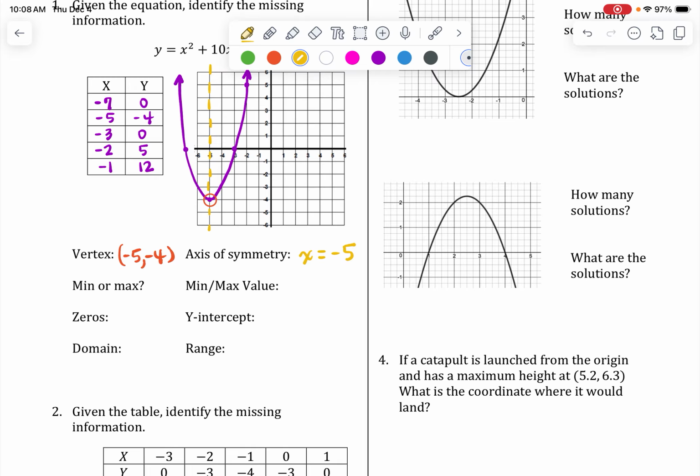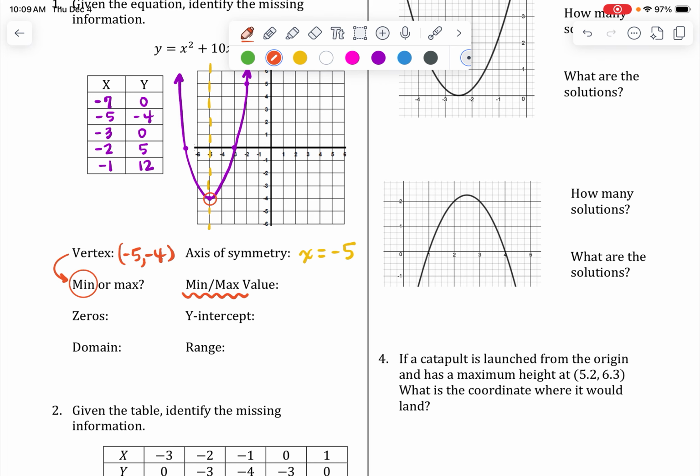Our next question, is it a max or a min? Well, our vertex is the lowest, and it's talking about the vertex. So our vertex is definitely the lowest part of this graph. So he is a minimum. He is the most minimum value that this graph takes on. And over here, we've seen this before, when it asks for the min or the max value, it's asking for the y value at that vertex point.